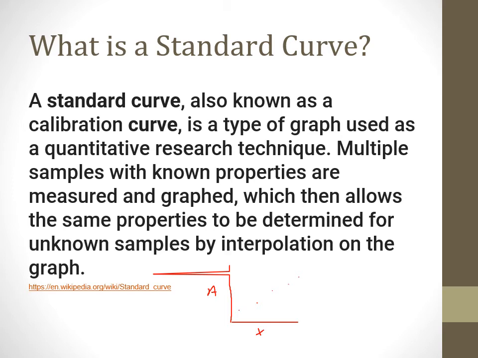So these are knowns or standards, and you're going to have a graph that you put together with this. Oh, that's terrible. Anyway, once you do that, if I give you an unknown concentration of beta cyanin, maybe it falls right here, you can determine what concentration that unknown solution is using your standard curve.